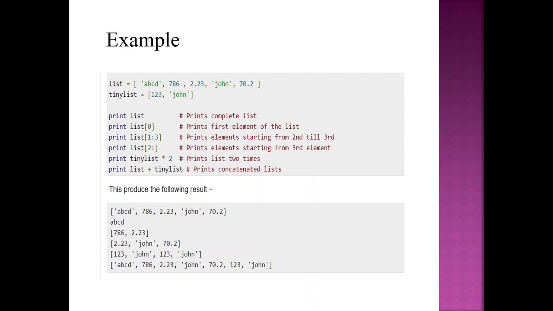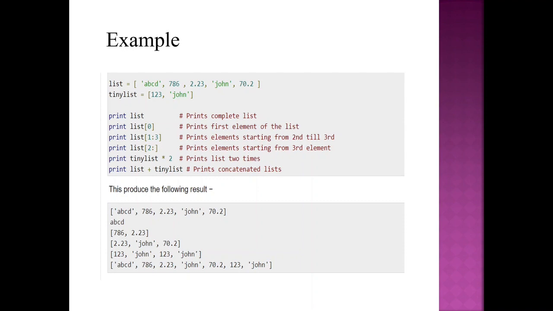This list consists of 5 elements: one integer value, 2 float values, and 2 string values. We have another list named tiny list, which has two elements. The first element is an integer and the second element is a string value.